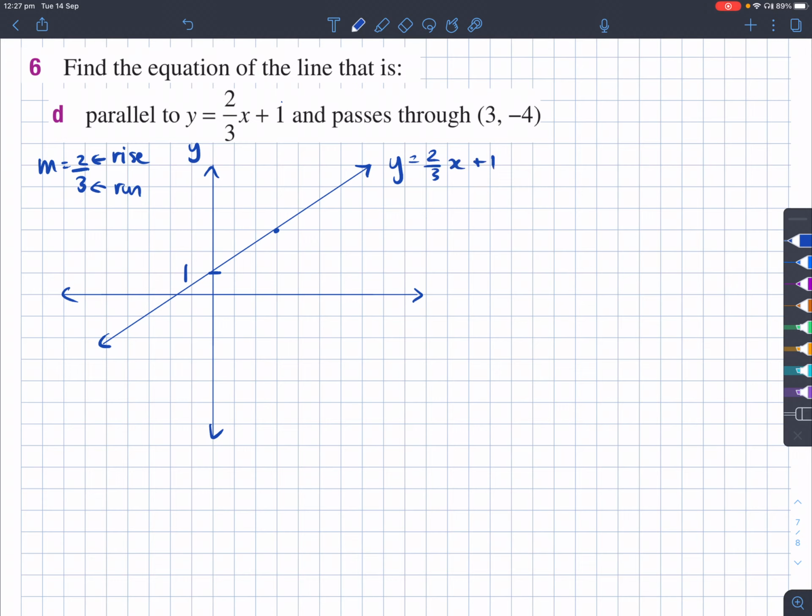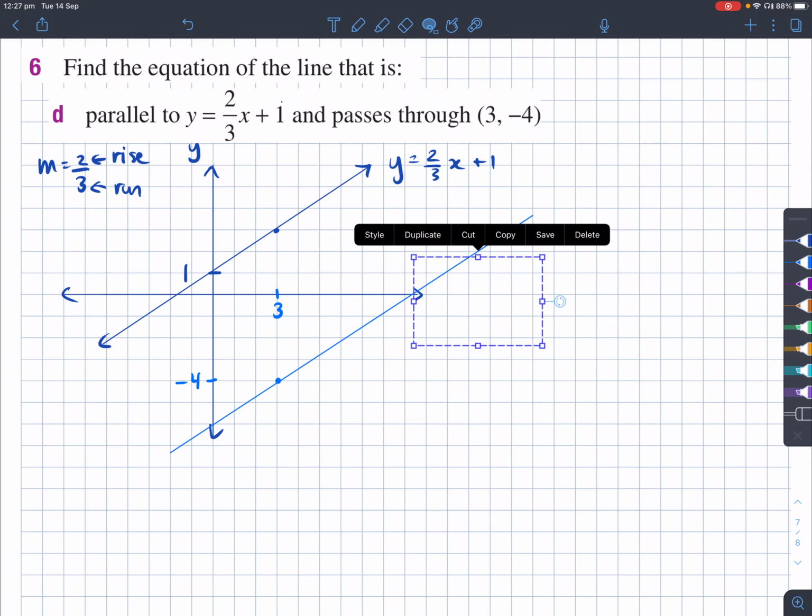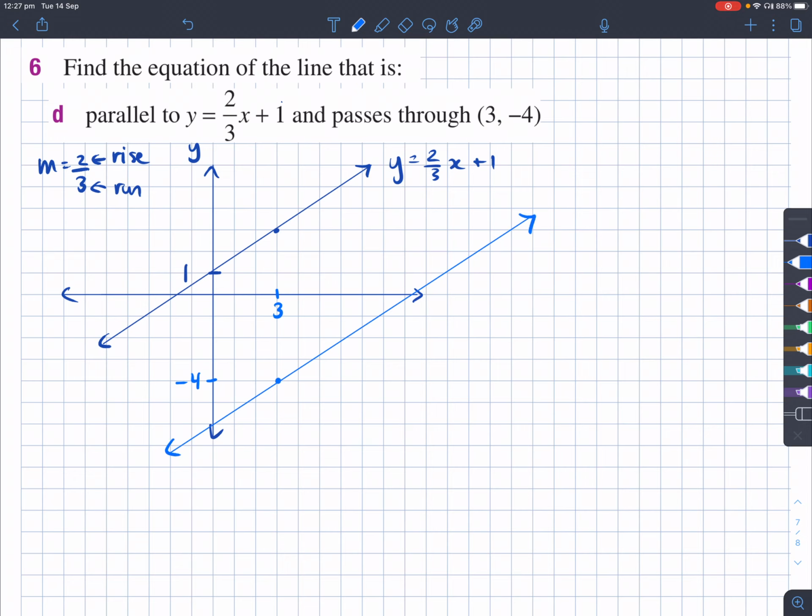They said that there is another line that passes through this point, which is (3, -4), so 3 to the right, 4 down. Okay, there we go. And it's parallel to this, which means that it's traveling exactly the same direction. So it's on the line with the exact same gradient, and I'm trying to find the equation of this line here.